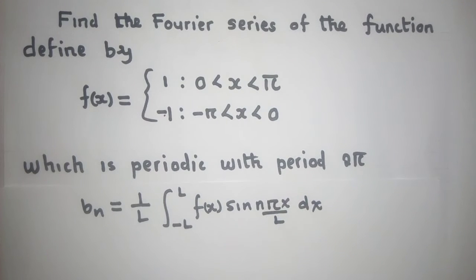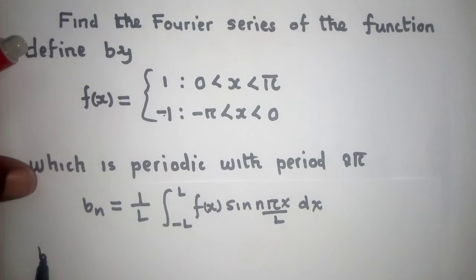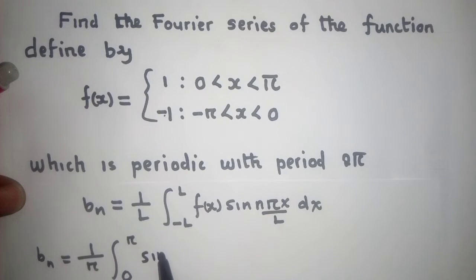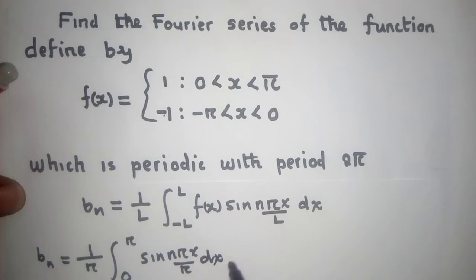So this is the formula we are going to use now. So we can plug in the values. So say b sub n is equal to 1. We know our L is pi. Here it's starting from 0 to pi. Okay, here it will just be sine n pi x over pi dx. We know our L is pi.